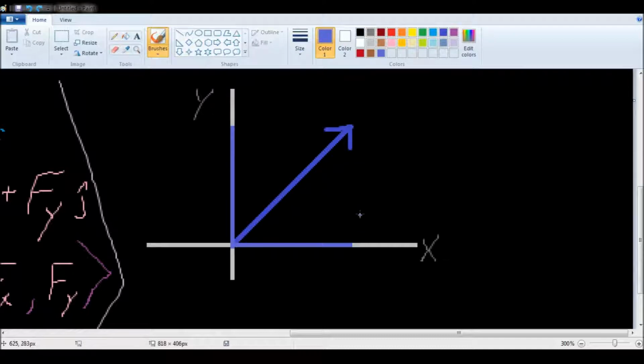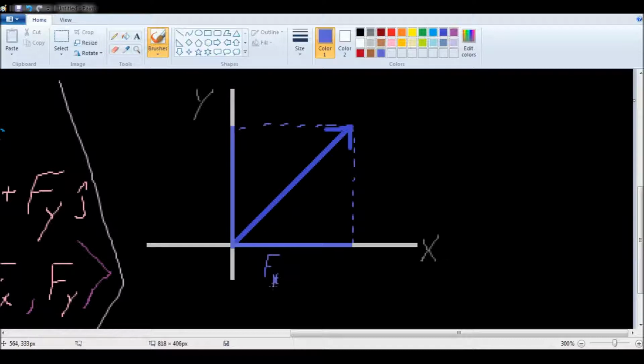Oh, those are not vector quantities. So we broke this right along the x and y axis here, and now we have our f sub x.